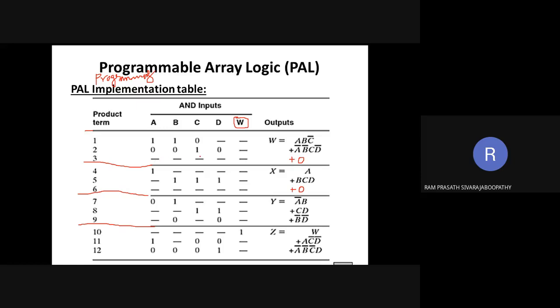None of the variables is present in the term 0, so we are putting hyphens in all the places. So like that we have formed this PAL implementation table. Is it clear for everyone? Yes, okay. Shall I proceed to the next slide?